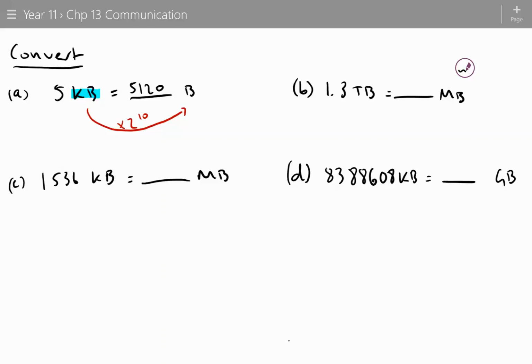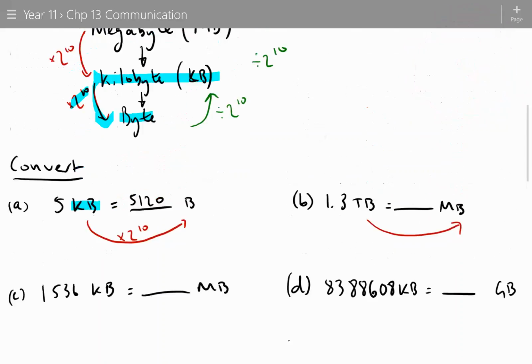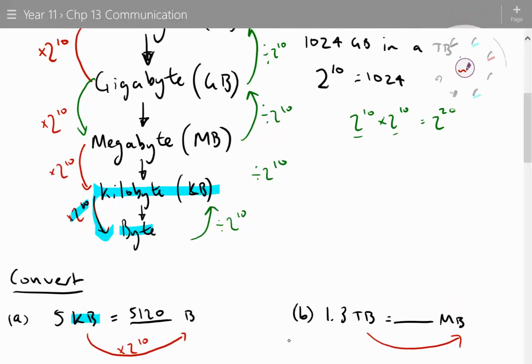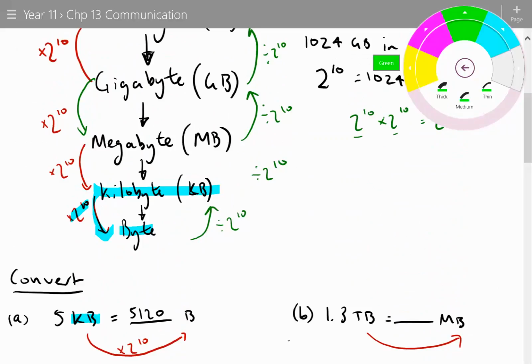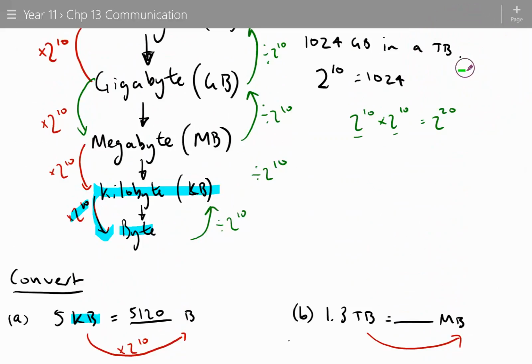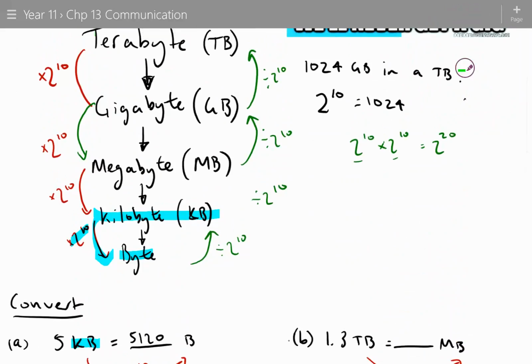Have a look at part B. We're going from 1.3 terabytes to megabytes. So I want to think about how do I go from terabytes to megabytes. Look back up at the diagram. We're going from terabyte up the top, down, not to gigabyte, but to megabyte.